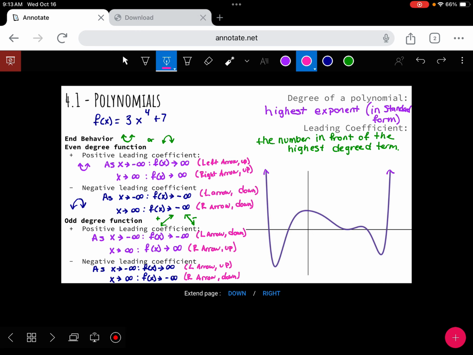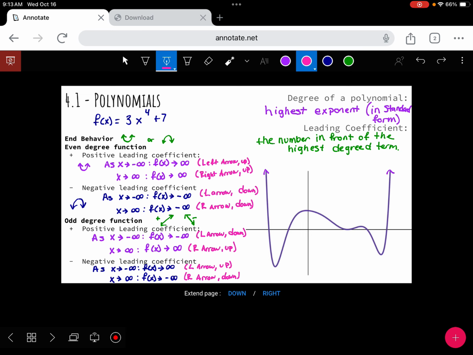When we're writing end behavior, it doesn't necessarily matter if you put your x approaching negative infinity first, or x approaching positive infinity second. It doesn't have to be that way. I tend to do that because we read from left to right, so I start on the left and I go to the right. It also keeps things fairly consistent, so I'm trying to keep things easy to understand.